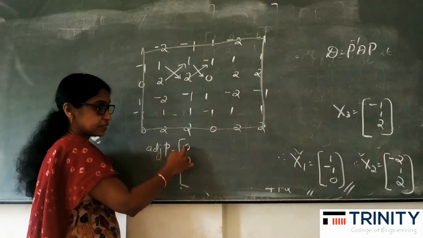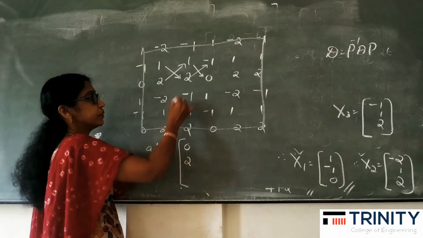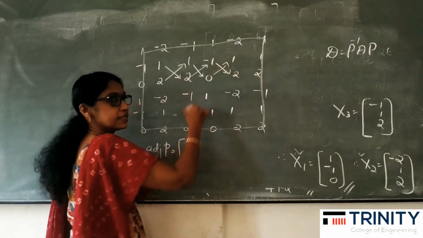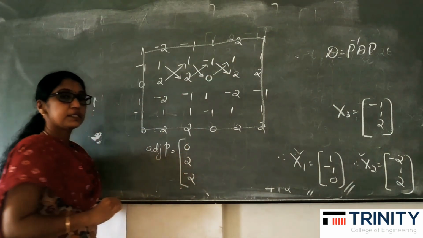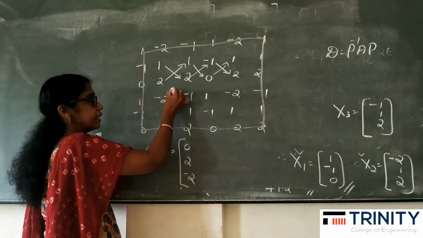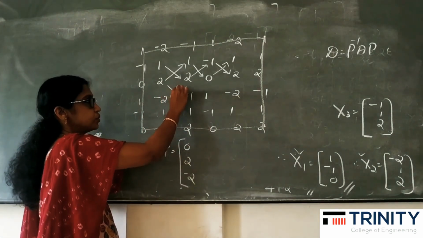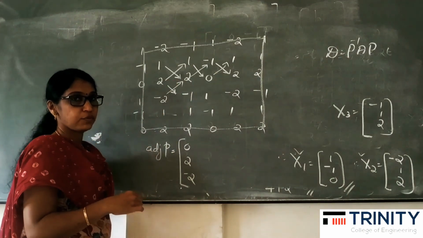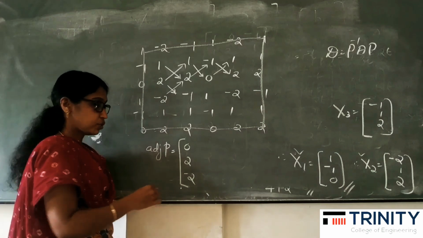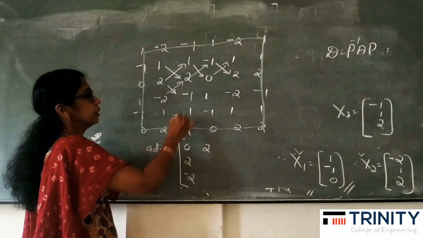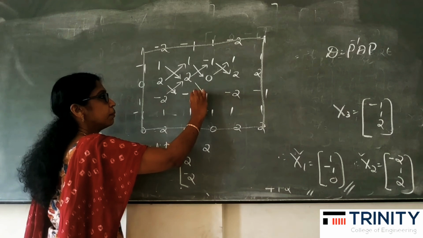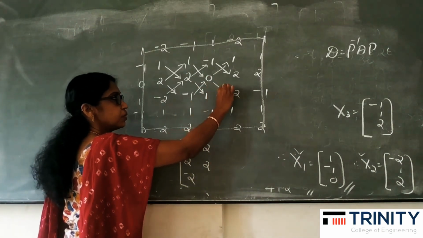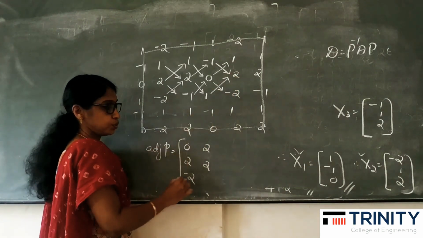The first row we found is written as the first column. Last element, minus 1 into 2 minus 2 minus 0, that is minus 2. So 0, 2, minus 2. Now the next column: minus 2 minus minus 4, that is minus 2 plus 4, that is 2. Again 2. Here 2 minus 0, that is 2. Last one, 0 minus 2, that is minus 2.